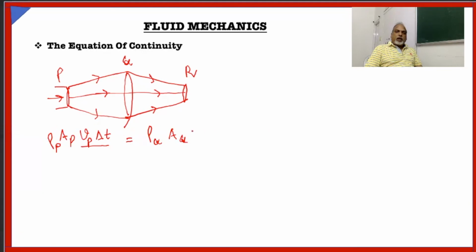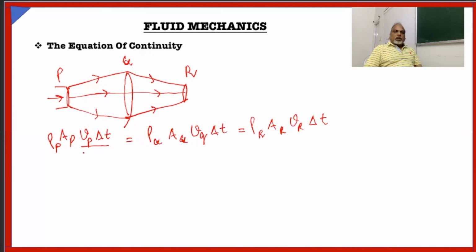Where AQ is the area at Q, VQ is the velocity, and again it is coming out from R. These all should be equal. The basic idea is whatever mass is going inside is coming out of this tube.